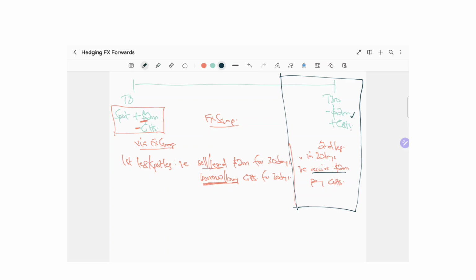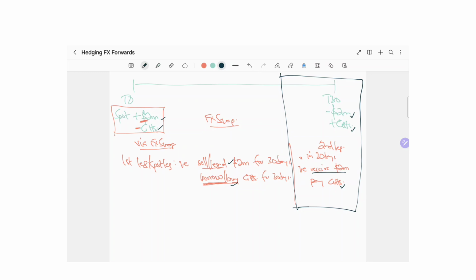We are going to receive per that forward contract cedis, which we would also use to pay out this guy. So in terms of cash flows, it is perfectly hedged. This has been perfectly hedged with this. This has been perfectly hedged with this. And that is how you hedge FX forward exposures.